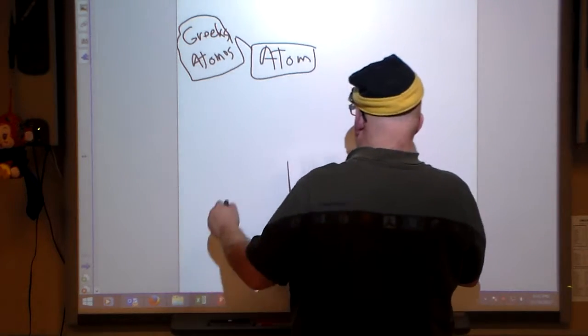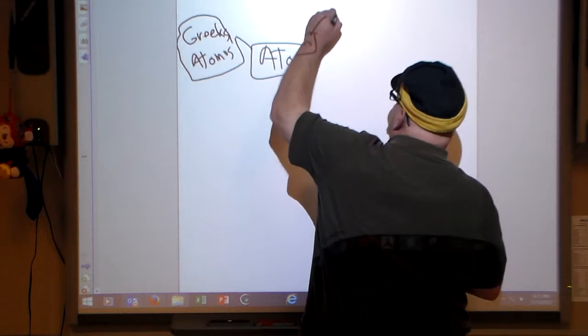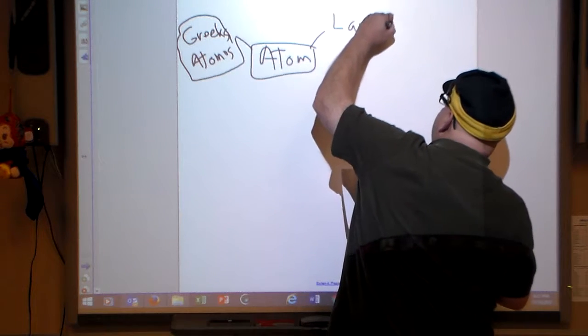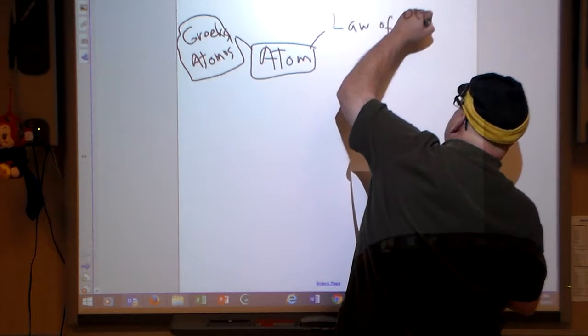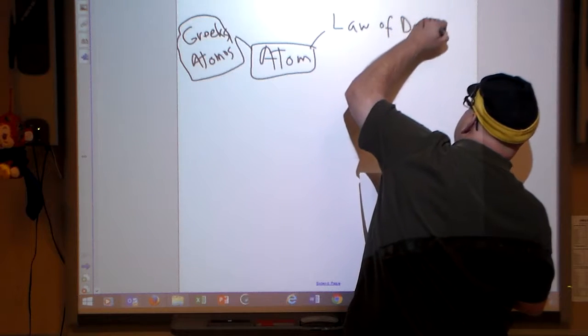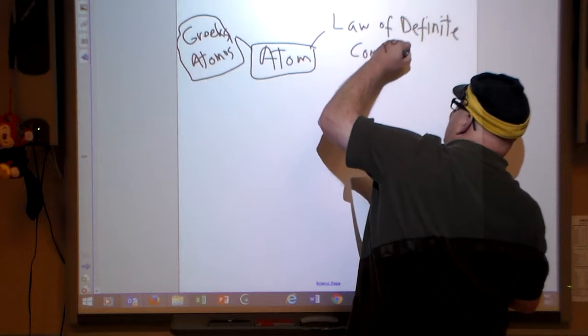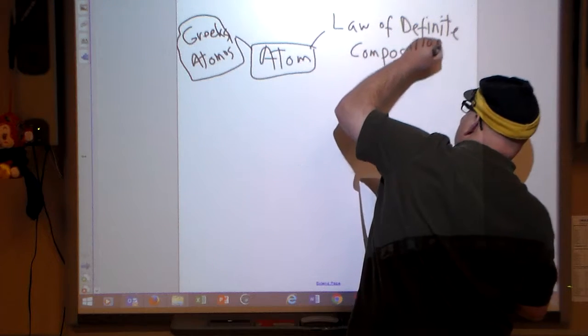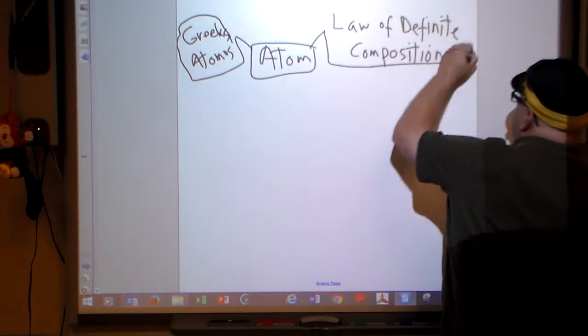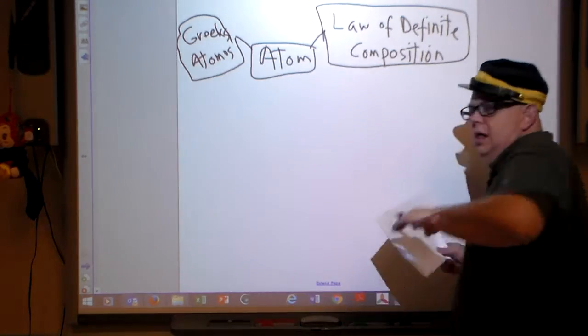But we also end up getting the law of definite composition. So, what's up with the law of definite composition?